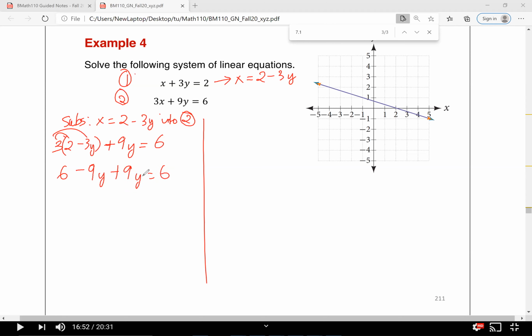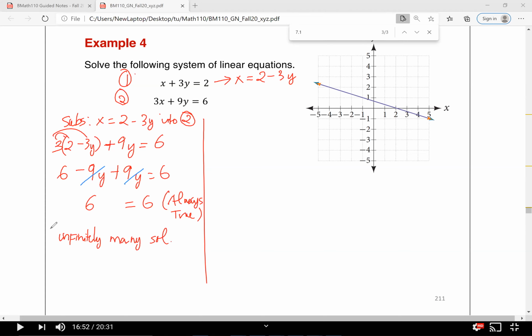And then now you will cancel negative 9y with positive 9y, and you will have only 6 equal to 6. This means what? All the way true. It means always correct. And so I'm going to say infinitely many solutions.